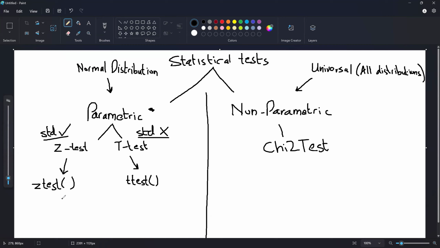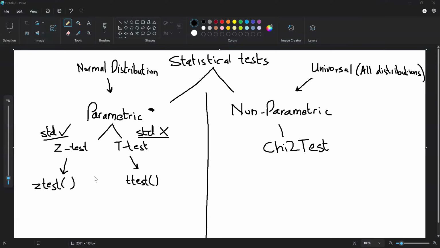Let me just see what other stuff is relevant. Okay, so for both the z-test and the t-test, what results do we get?